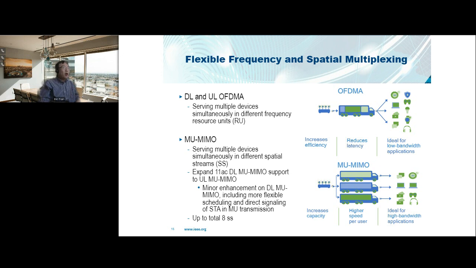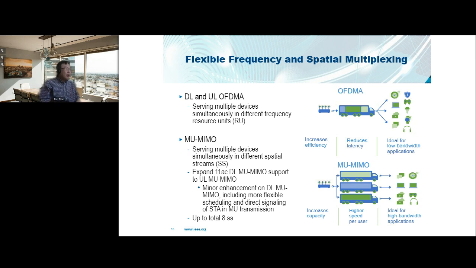OFDMA divides its resources, in this case frequency, into multiple segments. Each segment is called a resource unit, and you can assign resource units to different users, so that in one transmission you can address different devices simultaneously. By introducing OFDMA, you can improve efficiency and reduce latency, and it's ideal for low bandwidth applications, so you can serve many low bandwidth applications simultaneously.